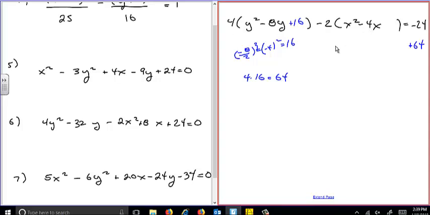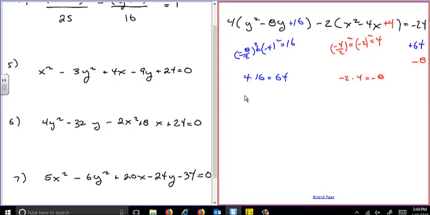Here I have negative 4 divided by 2 squared. Negative 4 divided by 2 is negative 2 squared is equal to 4. So add 4, but I'm really subtracting 8 because I'm taking negative 2 times 4. It's negative 8. So I'm going to subtract 8.